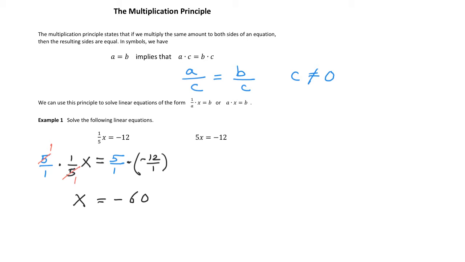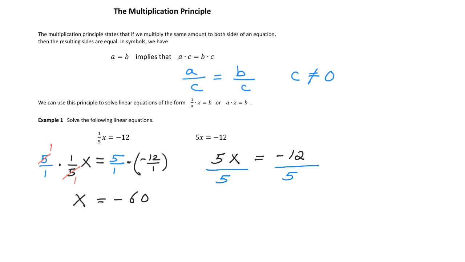Now, for this second equation, we have 5x is equal to negative 12. If you want to solve this one for x, you want to cancel 5. I'm going to divide both sides by 5. So I'll start with 5x is equal to negative 12. And I'm going to divide the left by 5 and divide the right by 5.